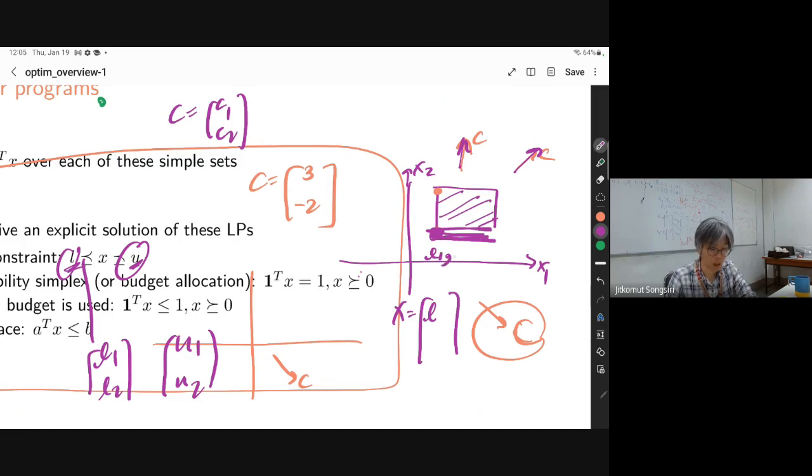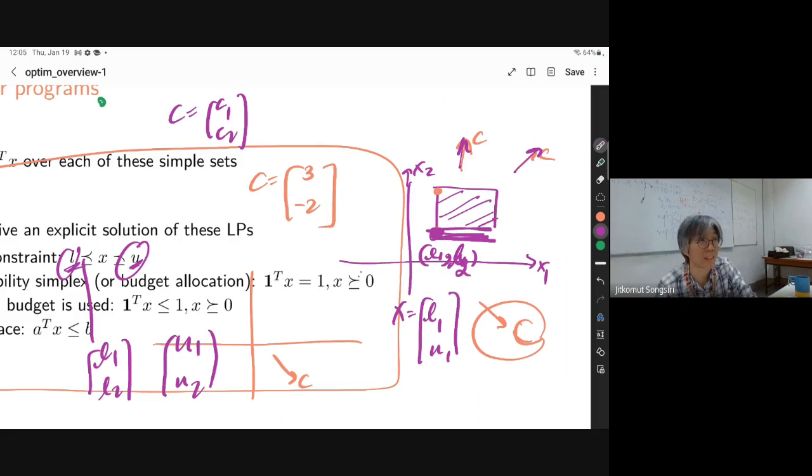L1, comma, U1, right? Just that. So the solution is L1, U1. Wait, L1, L2, okay. So L is a lower bound, right? L is a lower bound in the x1 direction and in the x2 direction.